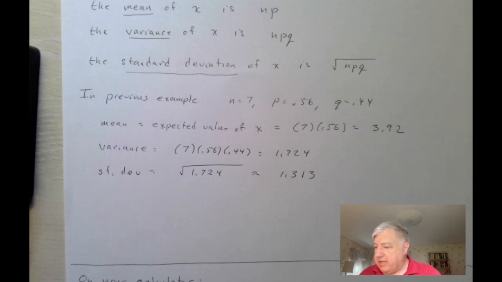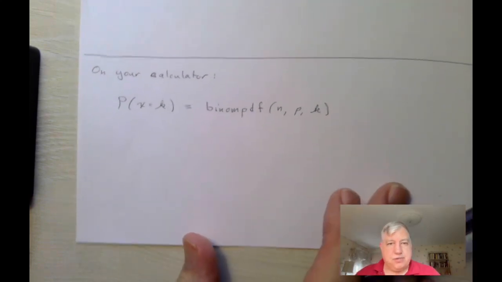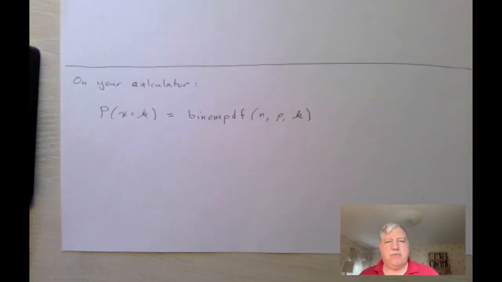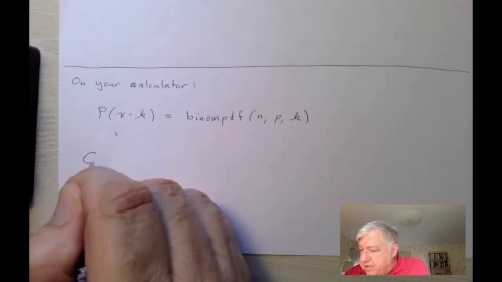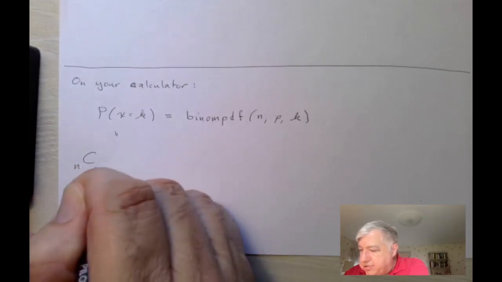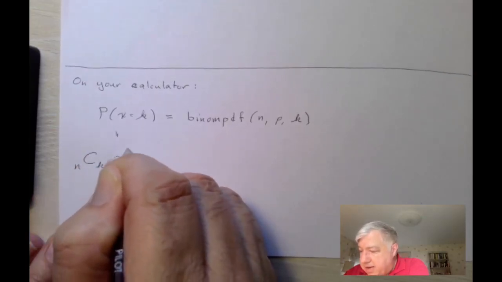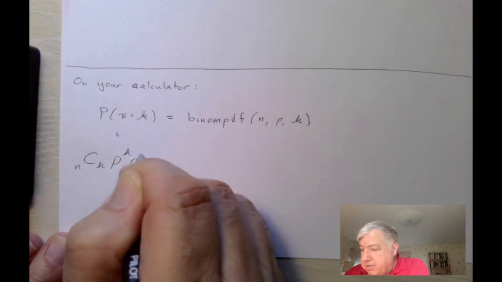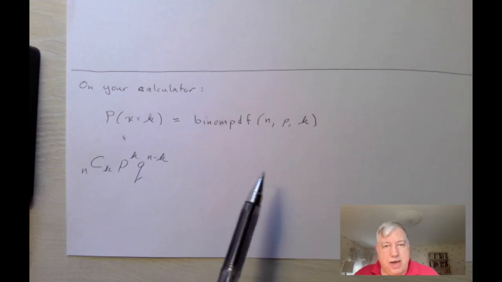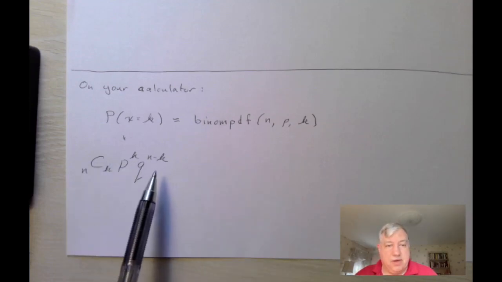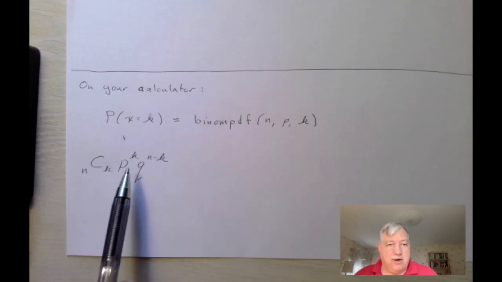So one last thing about how we actually compute this. If you want to find the probability without necessarily using that formula, n choose k, with p to the k, q to the n minus k, is there a way we can do this without plugging all this stuff in and worrying about round off or something like that?